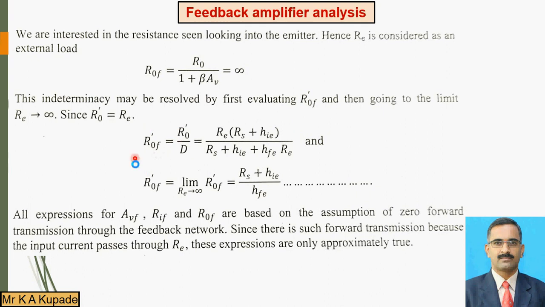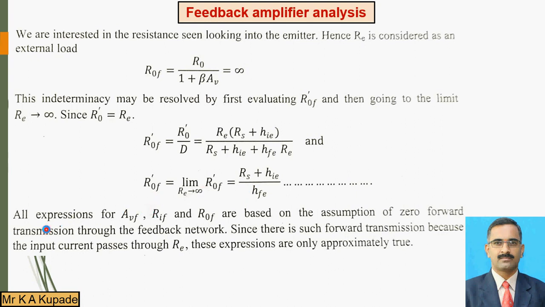So this is the equation which gives exactly the resistance with those parameters. Okay, so R dash naught F is equal to R dash naught upon D, and which gives this equation in these parameters. And by considering the limit, using the limit concept in mathematical terms, we are getting this R dash naught is equal to this one.